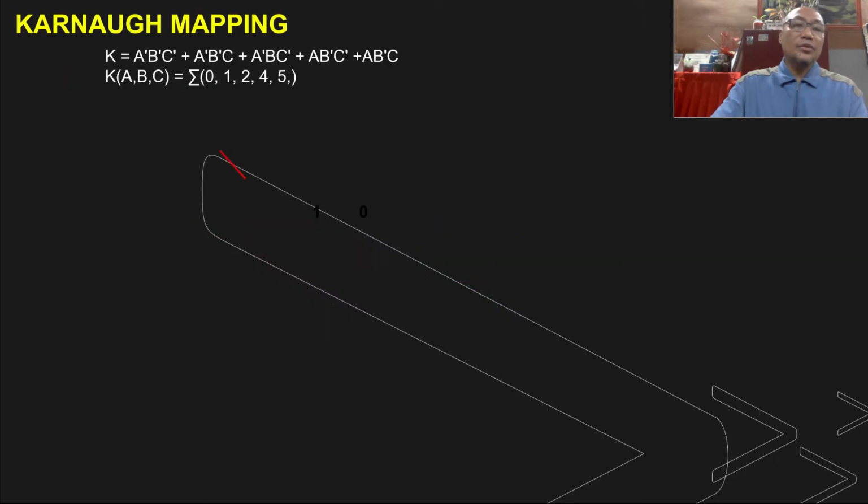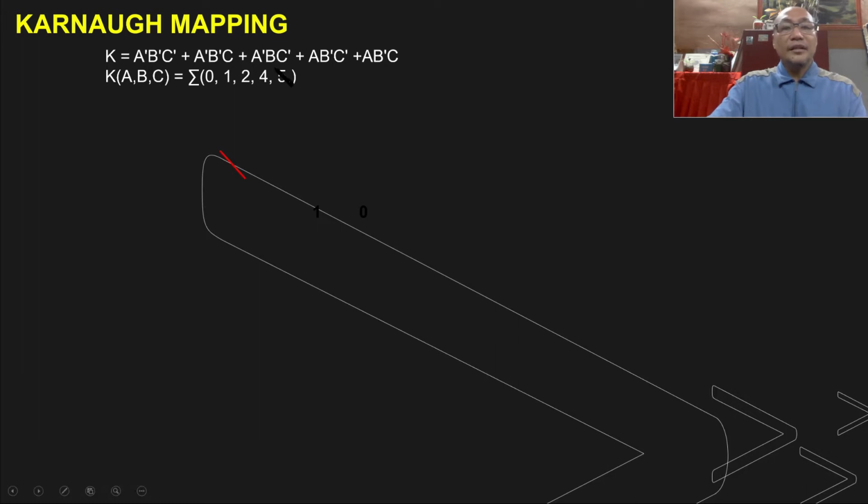So let's try to consider the function K is equal to A' B' C' plus A' B' C plus A' B C' plus A B' C' plus A B' C. To use Karnaugh Map, it would be simpler if the equation is in its sum of product form.